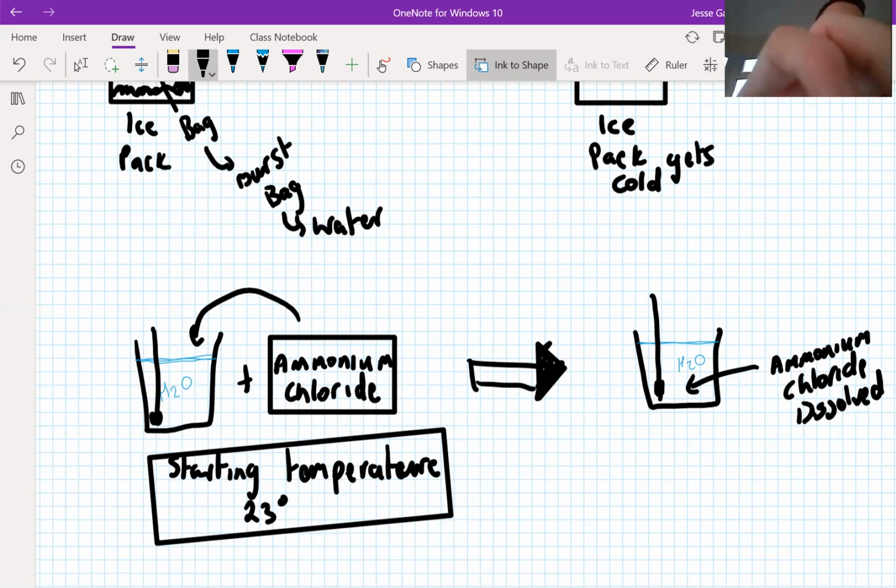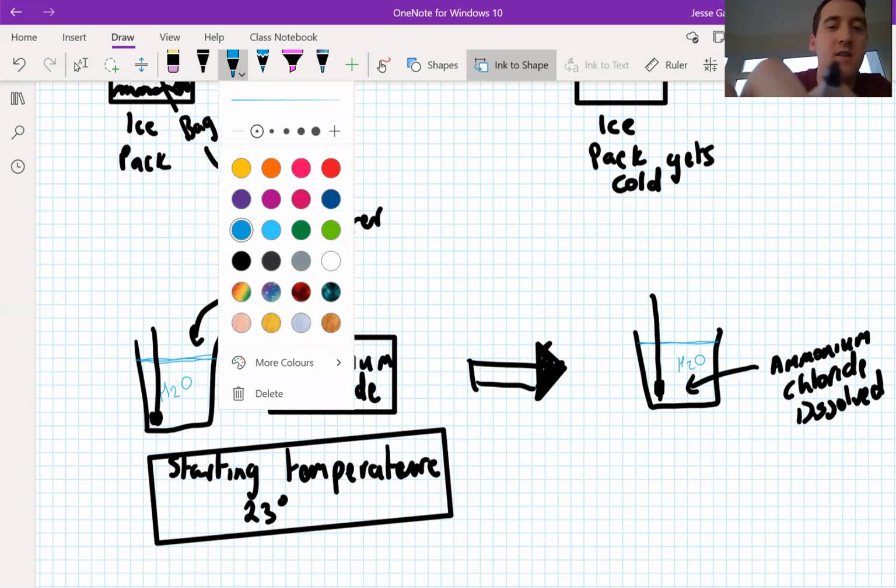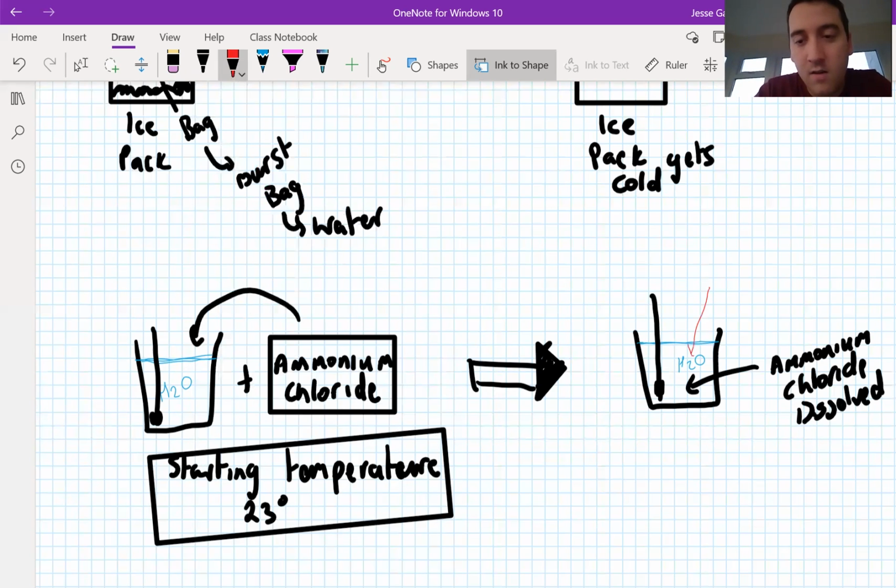The reason why it's cold is because heat energy, instead of being given out like it did when we burned the wood, is taken in from the surroundings. So heat energy moves from the surroundings, this time into the container, into the system. From the start to the finish, the system has extra energy that it's taken in from the surroundings.